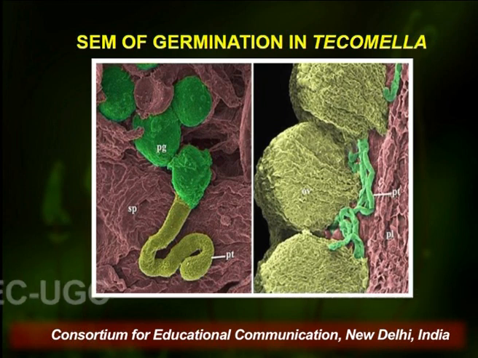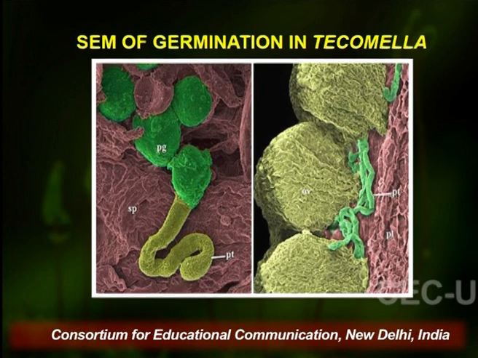Now once the pollen grain germinates, it is important to know whether the pollen tube is able to carry the sperms and whether these sperms will be able to effect fertilization or not. There are two aspects of pollen grains: pollen viability and fertility. Pollen viability is the ability of pollen to germinate and to deliver male gametes to the embryo sac.